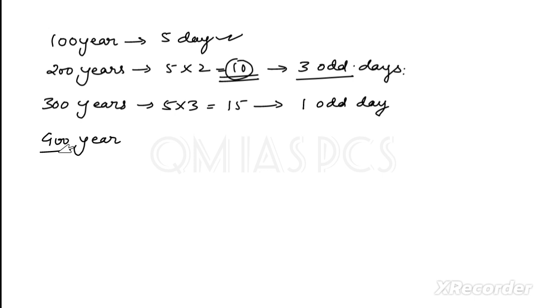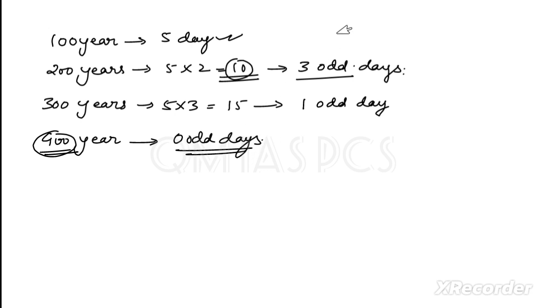Now, this is a leap year. That means if you count 400 years, there will be 0 odd days. How are we getting this?